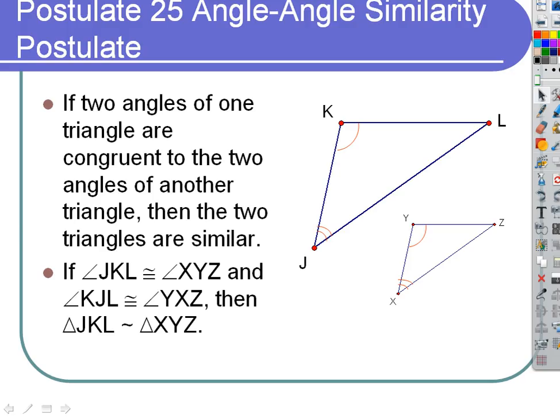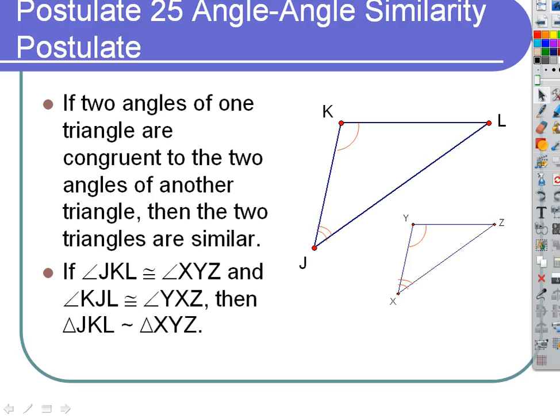SSS, SAS, ASA, and remember the 2 you can't have. Angle, angle, angle doesn't work, right? Because they don't have to be the same size then. And of course, the other one that we know about doesn't work, right? ASS doesn't work. So that only leaves AAS, angle, angle, side. Okay, so we had those 4.